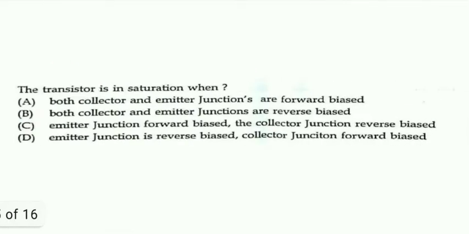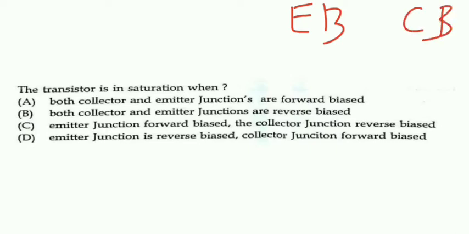Next one, the transistor in saturation when. We know that we are having three sets of transistor operating region based on emitter base junction and collector base junction biasing. So I write this emitter base, collector base. If transistor in active region, then emitter base is forward bias, collector base is reverse bias.